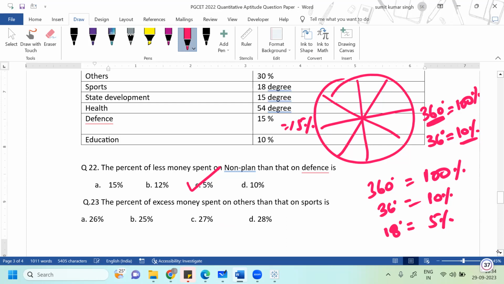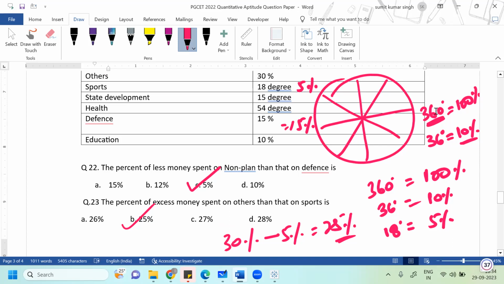So the excess money spent on others is 30%, sports is 5%, and the difference is 25%. Simple. I hope you are getting it right.